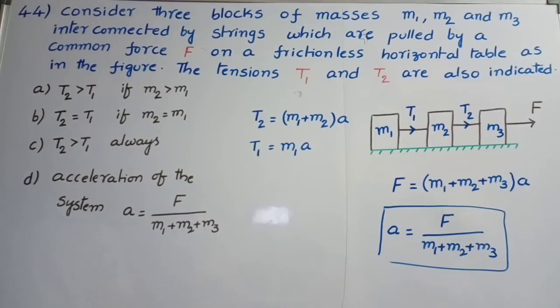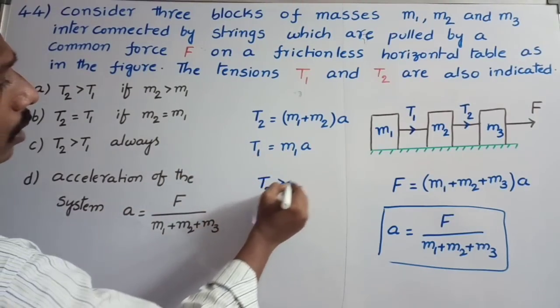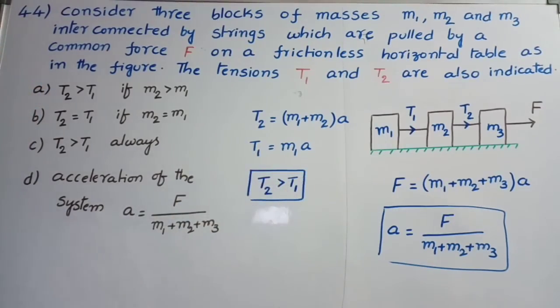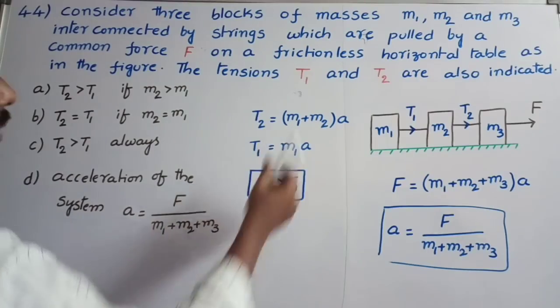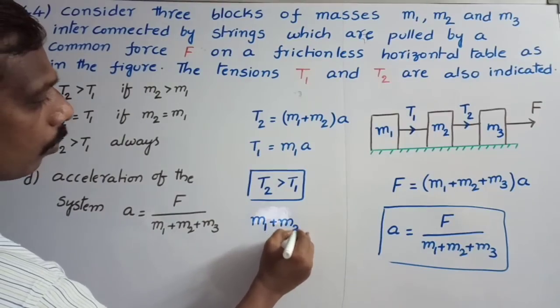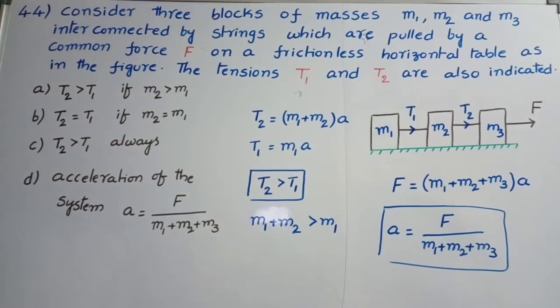If M2 is greater than M1 or M2 is less than M1, whatever it may be, in this case T2 is always greater than T1, because M1 plus M2 is greater than M1. That's why T2 is greater than T1. And the acceleration of the system A equals F by M1 plus M2 plus M3. So options C and D are correct.